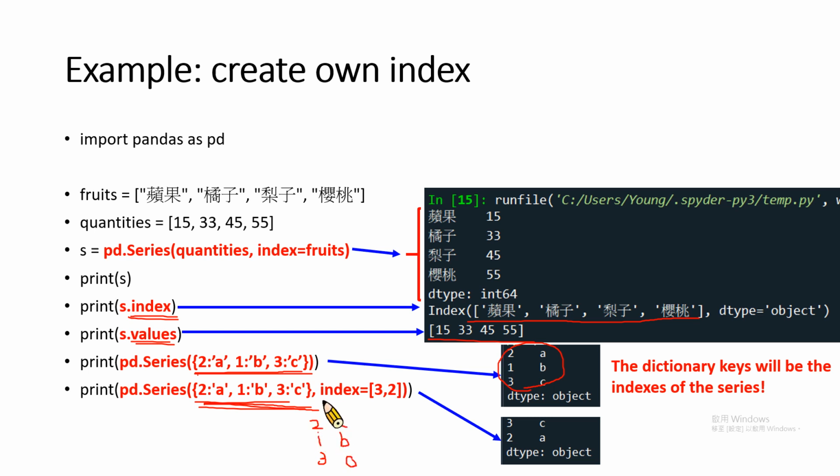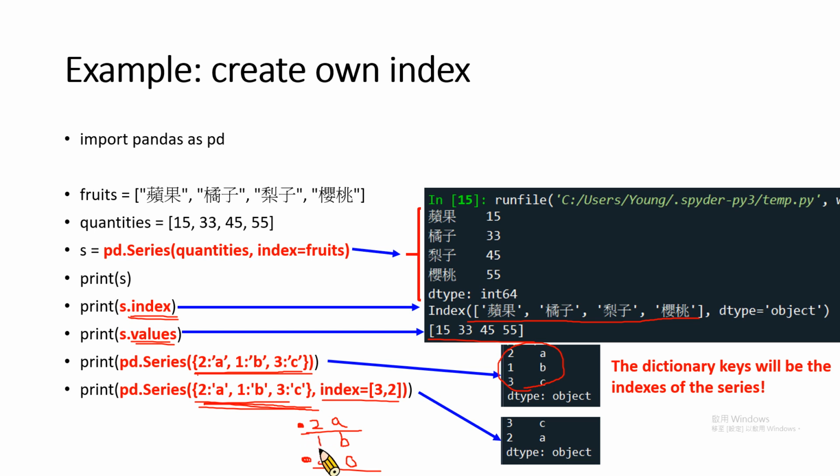But you see, we can think of it as a limit. We set the index to only contain 3 and 2. So the elements with index 2 and 3 become legal.